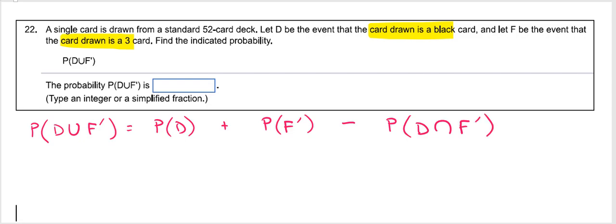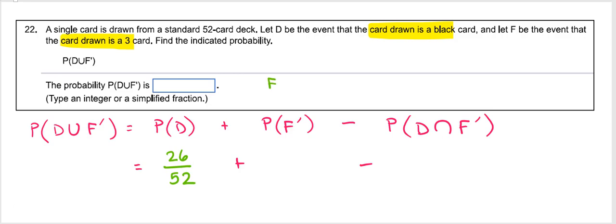The probability that it is a black card, probability of D: there are 26 out of 52 cards that are black. The probability that it is not a 3, because F is that it is a 3, so not F is that it's not a 3.